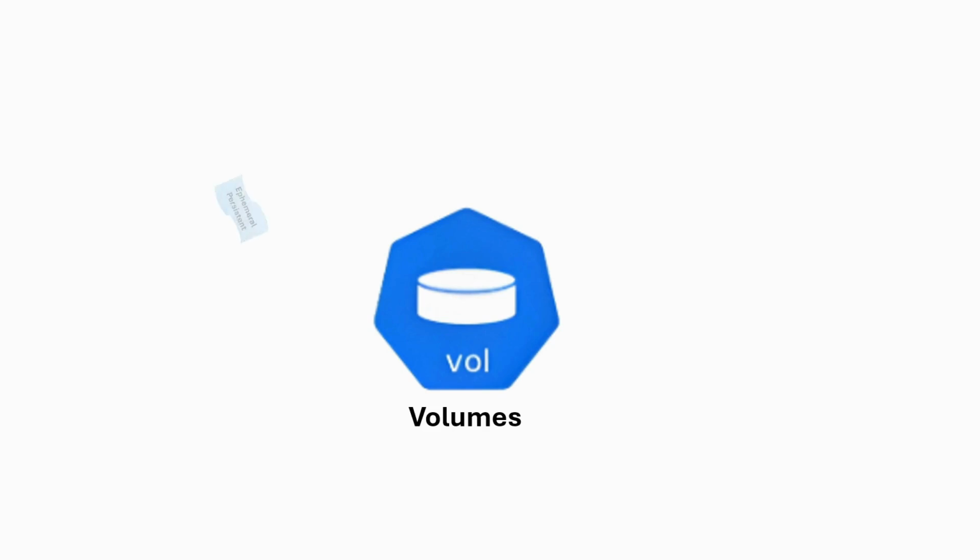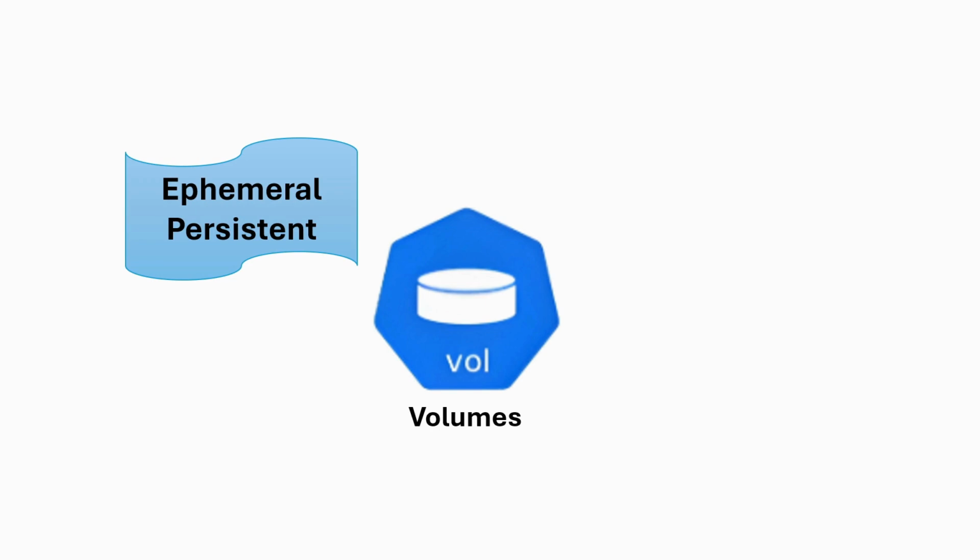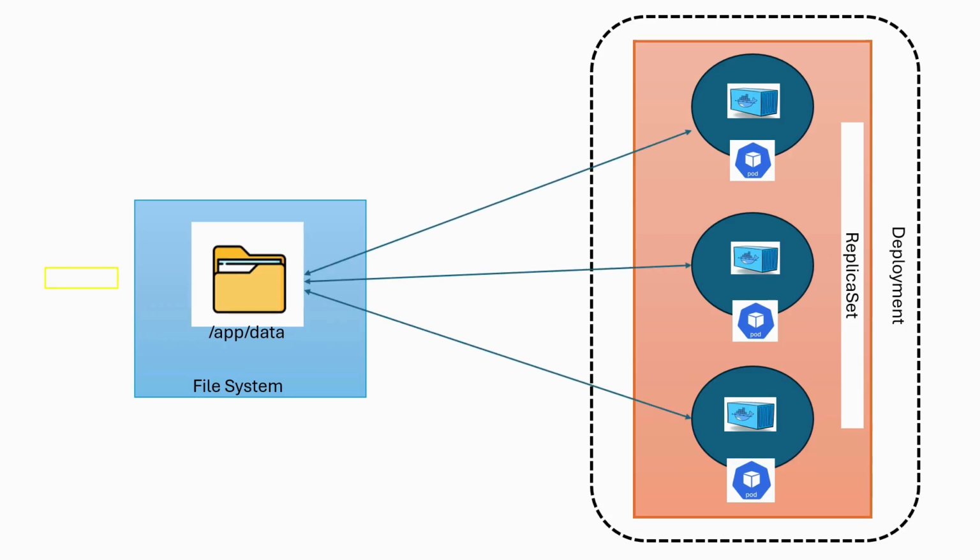Different volume types such as ephemeral and persistent volumes help us share data across pods and manage data durability. Using volumes, we can share data between multiple pods, and depending on the volume type, we can retain data even if a pod restarts or a node goes down. In simple words, a volume is just a directory with data, and that data is accessible to containers inside a pod.